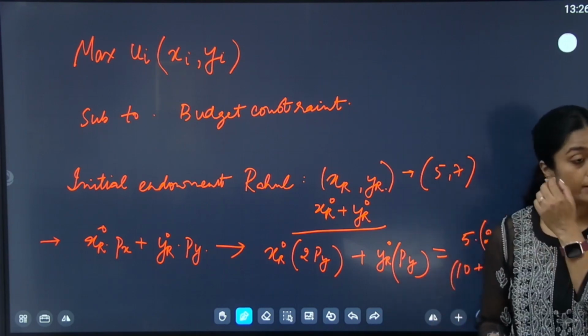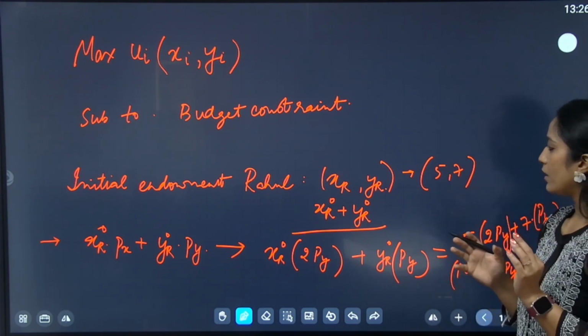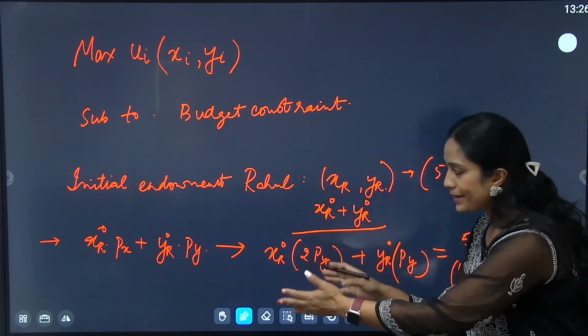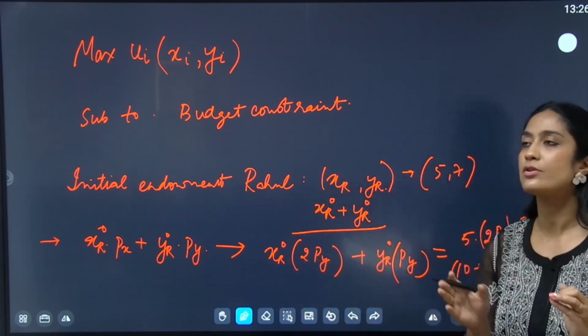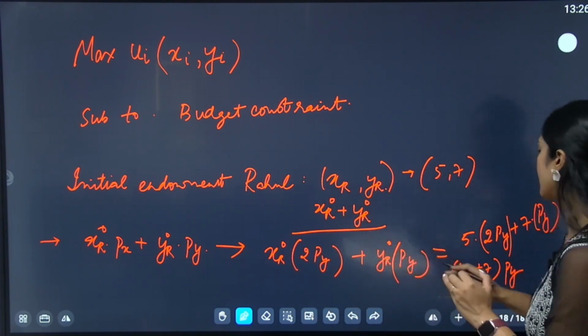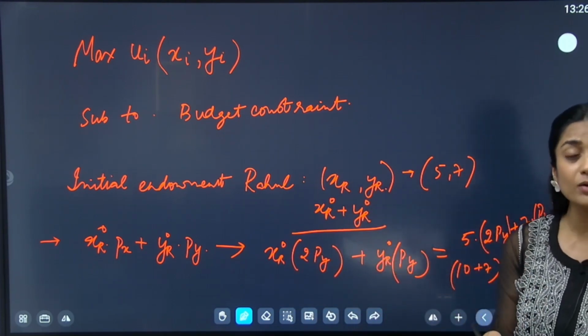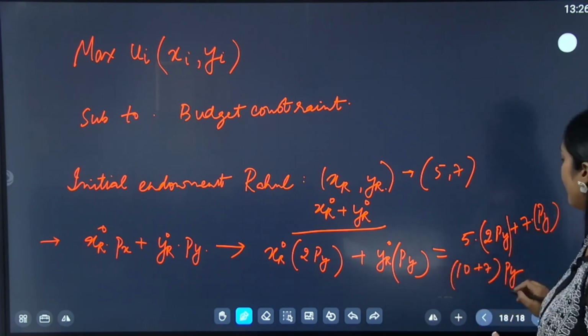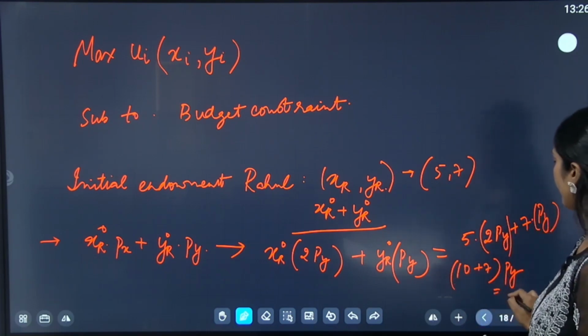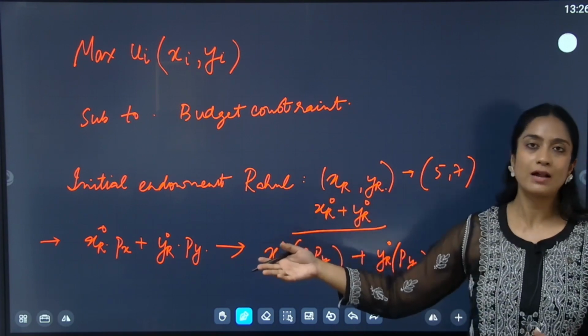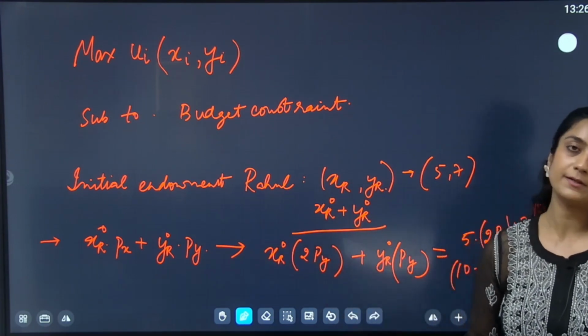And what we have done is we have expressed the budget constraint of Rahul in terms of the price of y. And अब अगर तुम y को numeraire good ले लेते हो, if you assign this a value of 1, the budget constraint of Rahul essentially becomes 17.